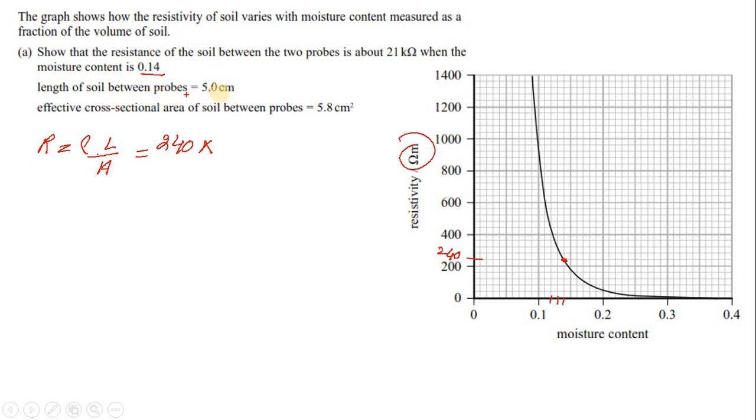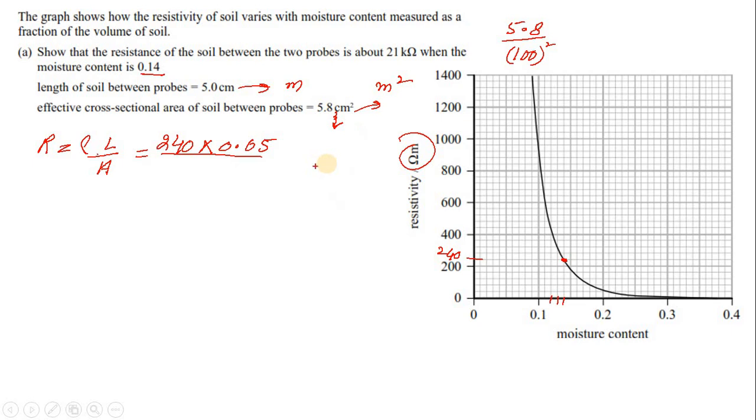Length of soil between the probe, 5 centimeter, and you need to convert the centimeter into meter. Don't forget this. So it will be divided by 100, so 0.05 meter, divided by area. And area is also given in centimeter square, and you need to convert into meter square. So you have two choices. Either you do 5.8 divided by 100 square, or simply you just replace the prefix centi.